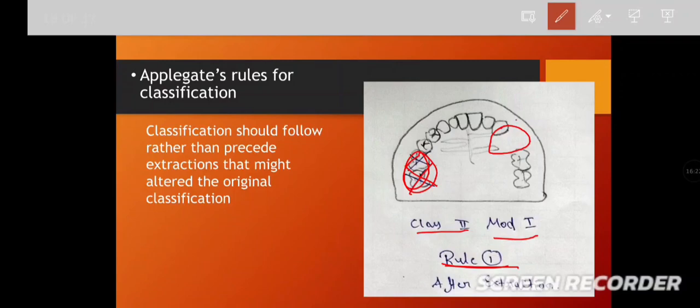Why mod 1? Here you can see one additional space is present. When you extract 16 and 17, it will be converted into class 2, and the additional space in the 24, 25 region is considered as modification 1.